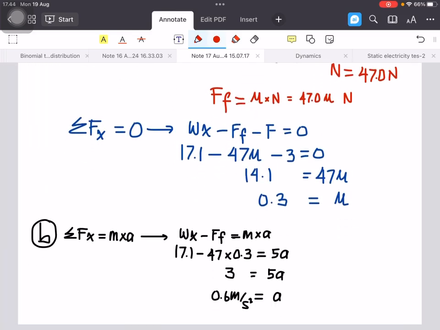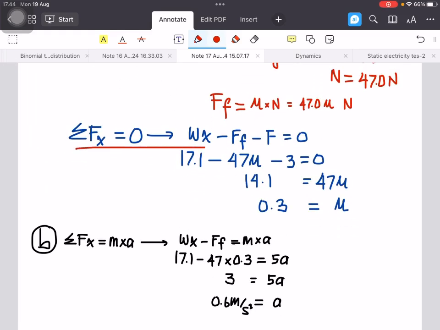The equation is almost the same as this, but now since the object is not in equilibrium in the x direction, instead of equating with 0, we equate the equation with m times a. So the net force in the x direction is equal to m times a. And then remember that there is no 3 Newton force anymore.